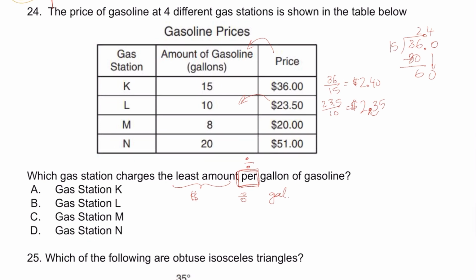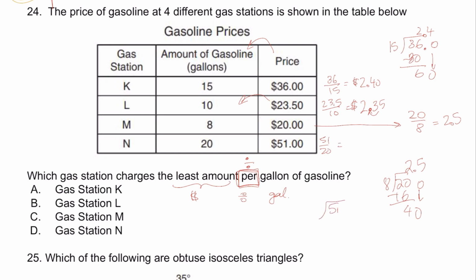For station M, that is $20 divided by 8. And when you do 20 divided by 8, you get 2, and that's 16. You get 40, and 8 goes into 40 5 times. This is 2.5, so this is the most expensive. And finally, for station N, that's 51 divided by 20.